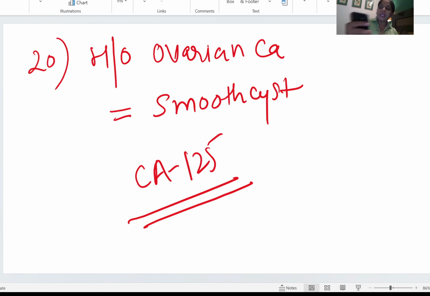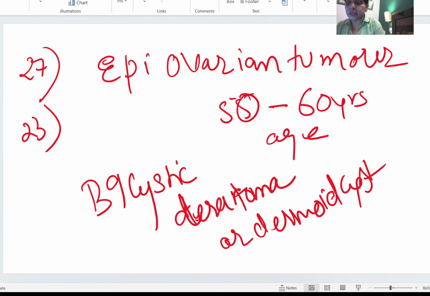Most common ovarian carcinoma. Okay, in this question 23 I told you about the most common ovarian tumor in children, as epithelial ovarian tumor occurs only at the age of 50 to 60 years. Most common ovarian tumor in children is benign cystic teratoma, and the most common malignant ovarian tumor is dysgerminoma.